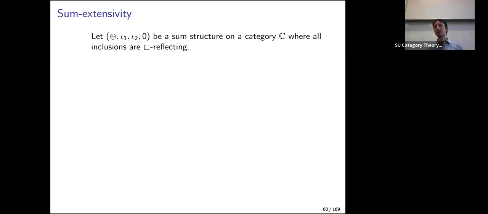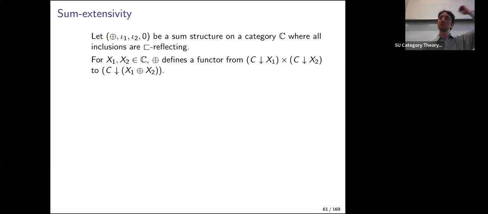And we asked ourselves, how can this result generalize to the context of sum structures? So this is an answer. I think there are probably multiple answers to this question, or at least I'm going to work towards an answer.